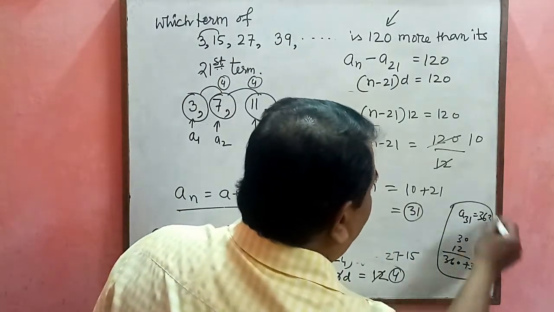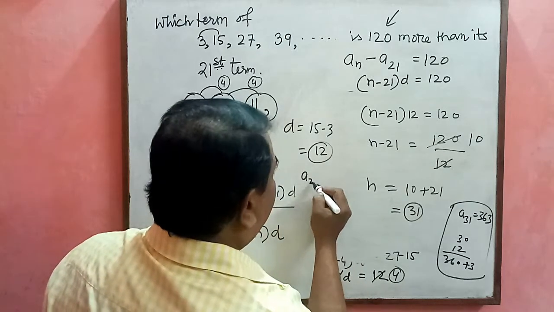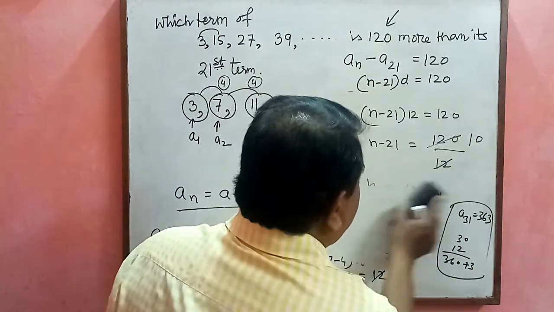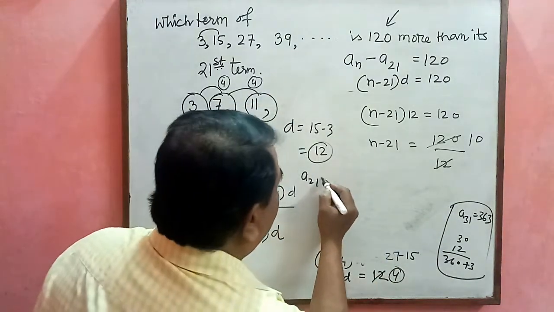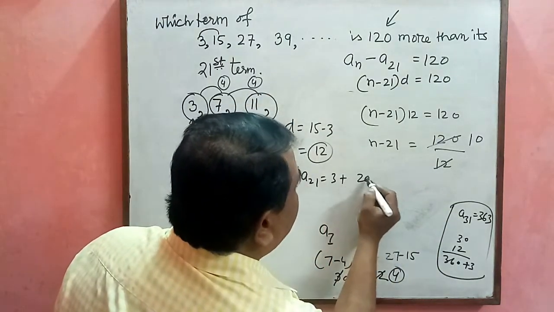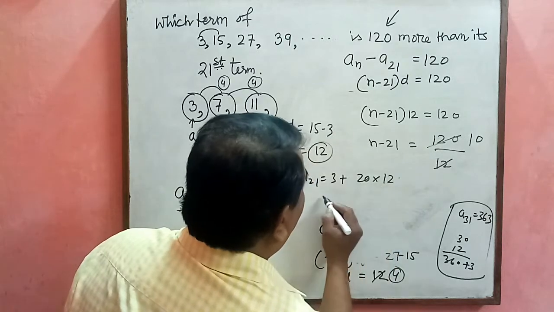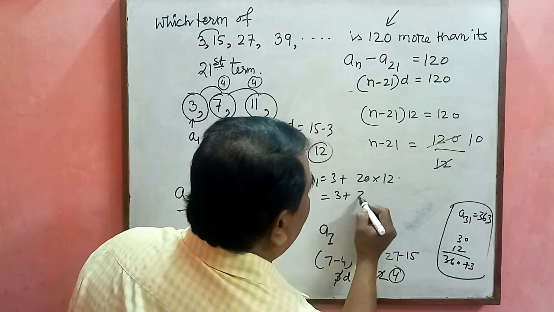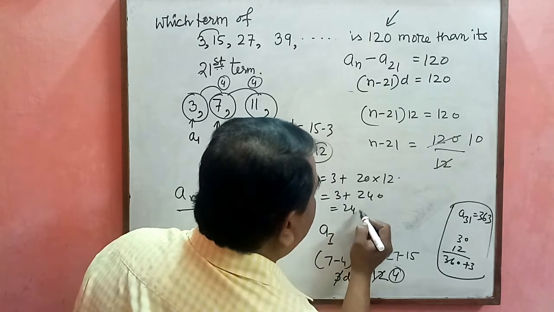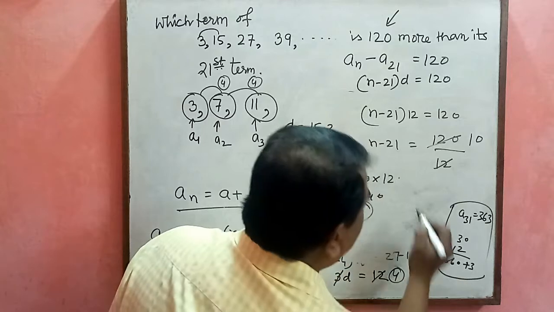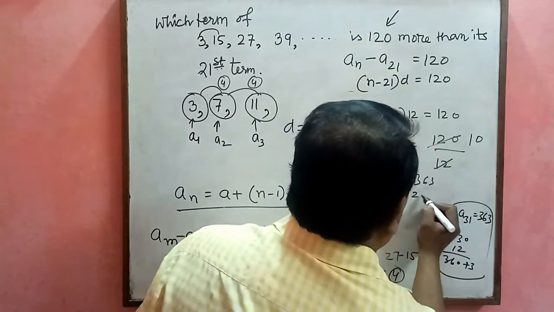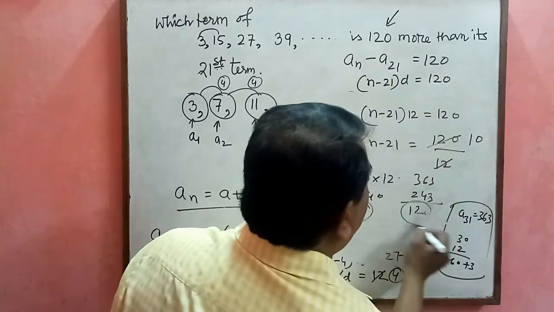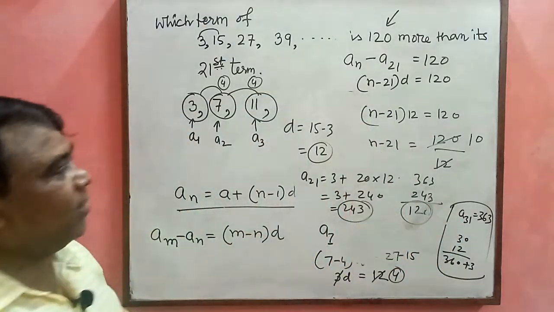Likewise, if I find the 21st term, this is 3 plus 20 into 12, which is 3 plus 240, this is 243. So if I subtract 243 from 363, this is your 120. So definitely the difference between these two terms is 120.